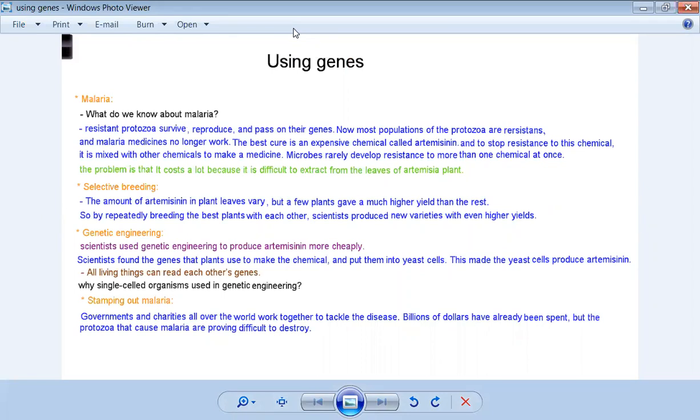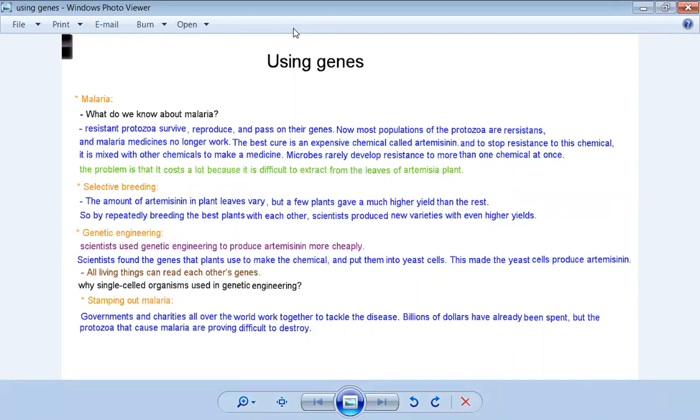It's easier to use bacteria because their genes are just in a string, loose inside. Okay, what about the natural process?